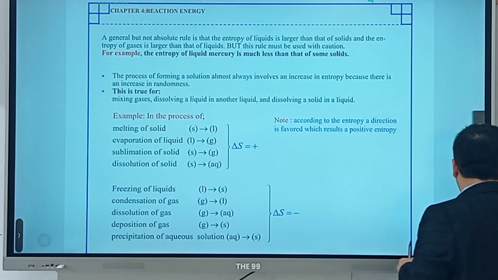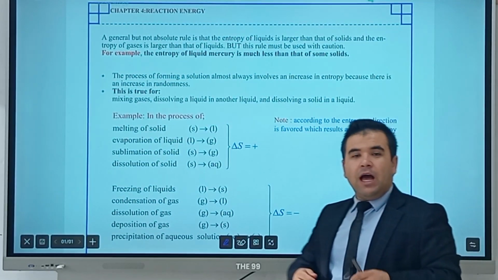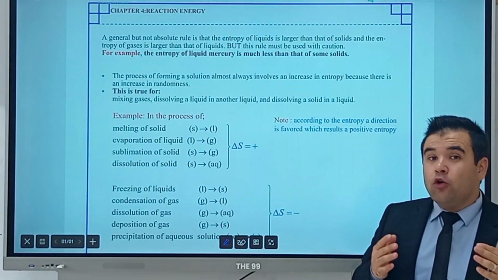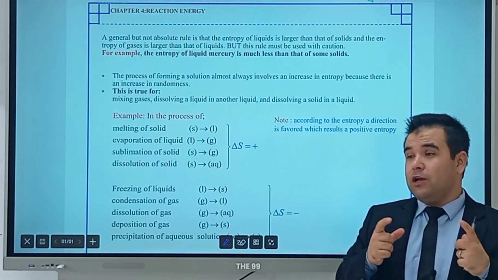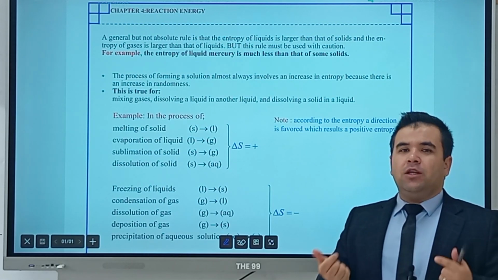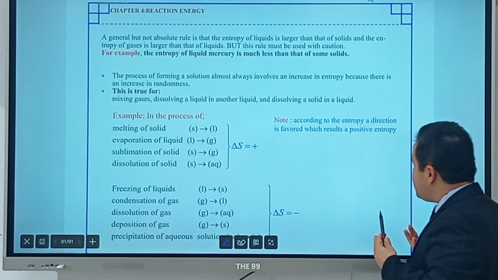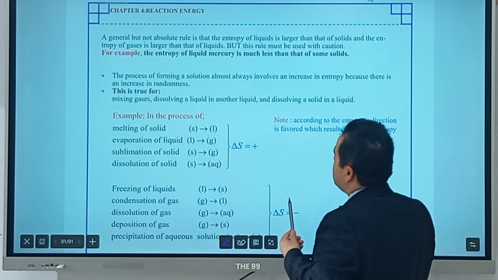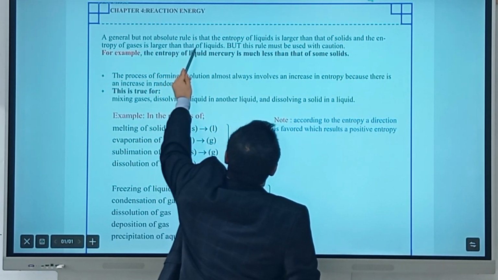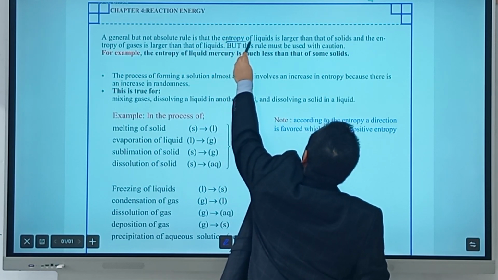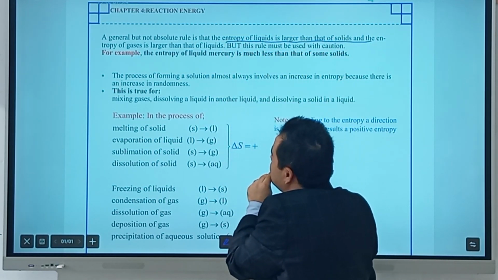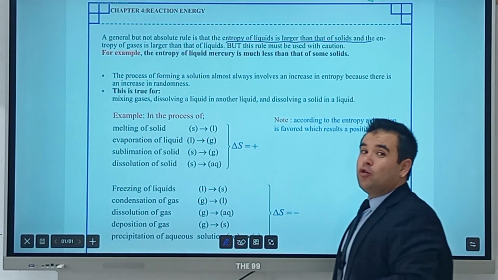Guys, generally, solids have a higher order of crystal structure than liquids and gases, and lower entropy than the liquids and gases. But we have some exceptional cases, guys. A general but not absolute rule is that the entropy of liquids is larger than the entropy of solids, and the entropy of gases is larger than the entropy of liquids.